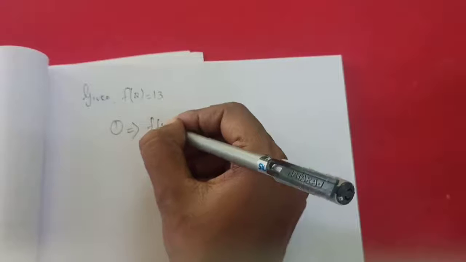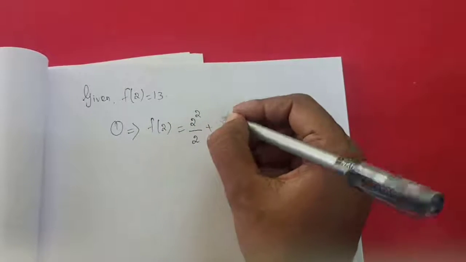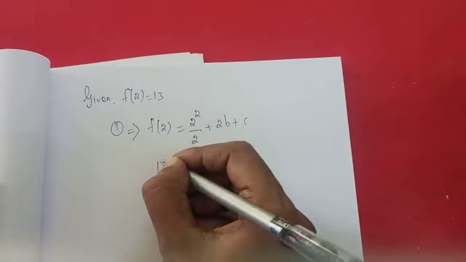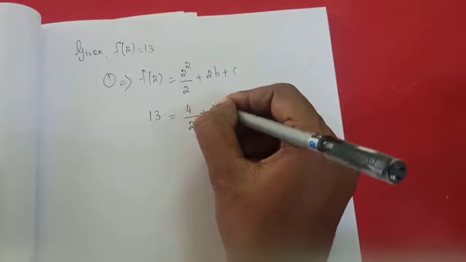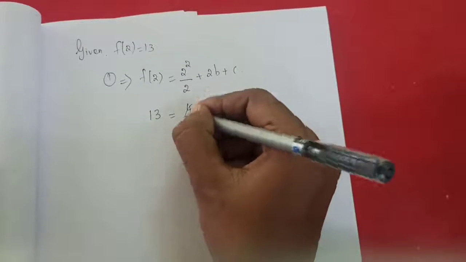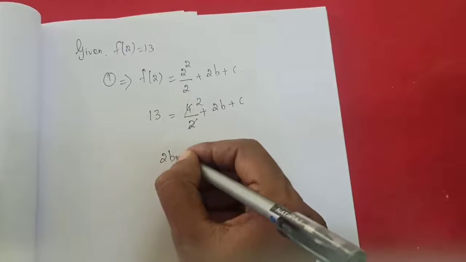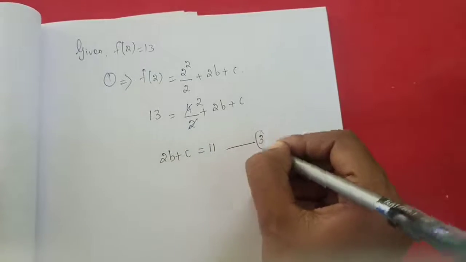So f of 2 equal to x square by 2, that is 2 square by 2 plus b into 2 plus c. F of 2, the value is 13. So 13 is equal to 4 by 2 plus 2b plus c. You can cancel here. Bring this over, so 2b plus c equal to 13 minus 2, that is 11. Keep it as equation number 3.